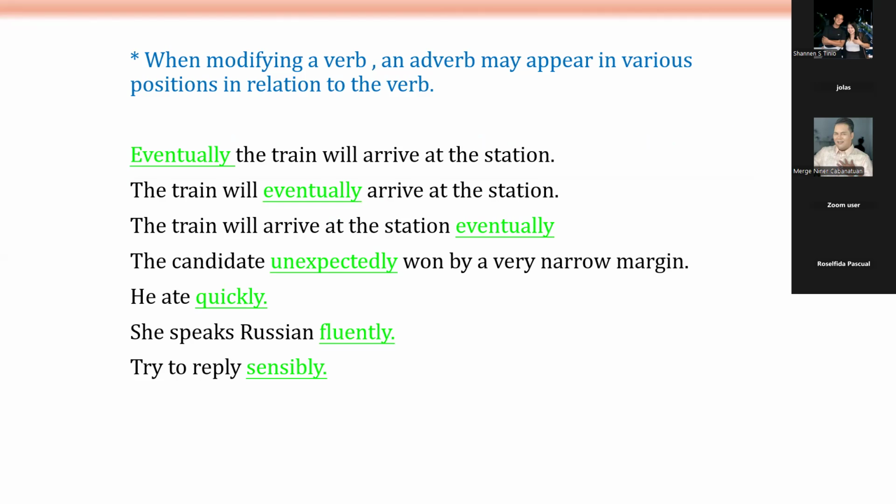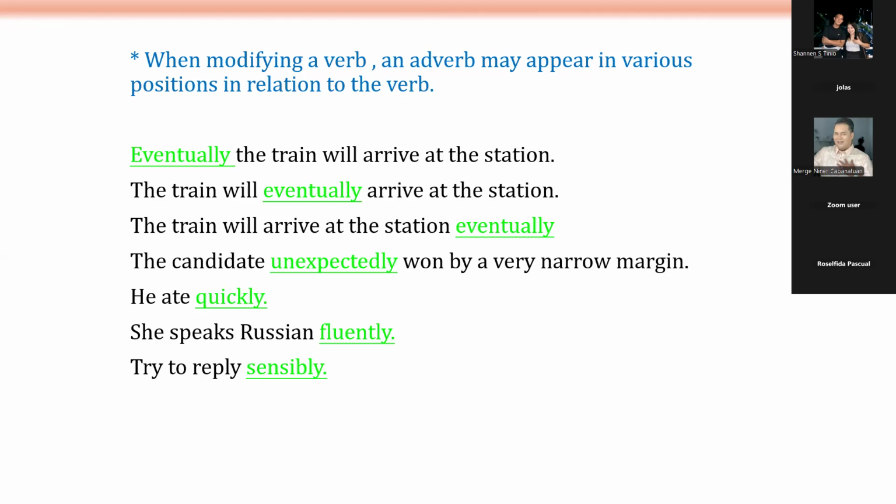Okay. So just like the adjectives, adverbs can appear in different positions depending on the sentence. All right? On the first sentence, the word eventually is in the beginning. Eventually, the train will arrive at the station. So, eventually is modifying how the train will arrive.